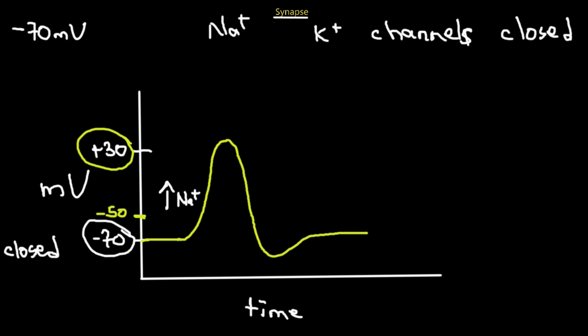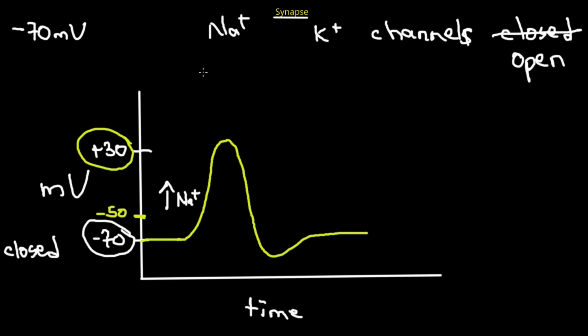So it's going to go from -70 to the more positive side, -50, -30, and so on. And because there's a much greater concentration of sodium ions outside the axon than on the inside, the sodium ions enter through these open channels that were previously closed. Now they're open because they were stimulated by voltage.